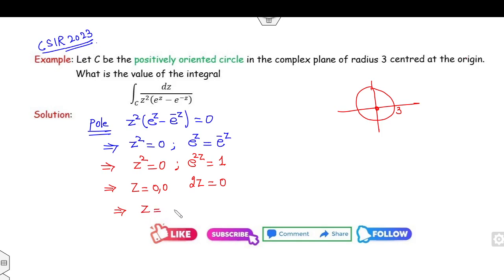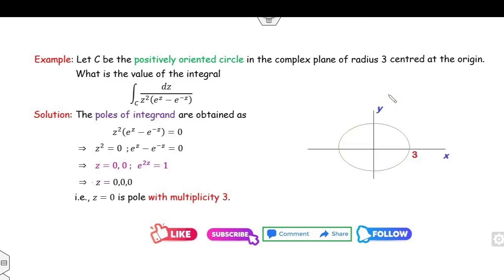So you can see the value of z is 0 twice from this side, 1 zero from this side. That means z equal to 0 is the root with multiplicity 3. And it lies inside the circle.